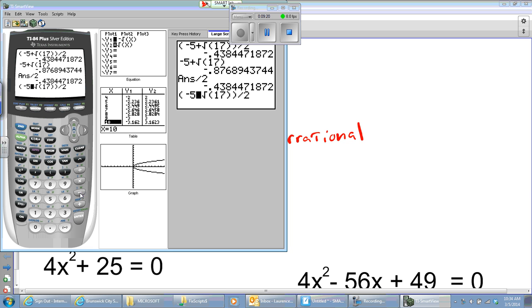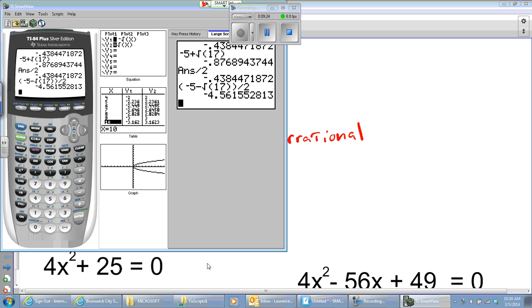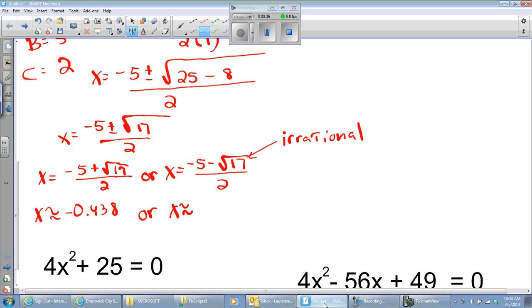Then I'm going to hit enter, and there's my other solution. Notice it's not automatically one positive, one negative. What is it? Negative 4.562. So the other answer is negative 4.562.